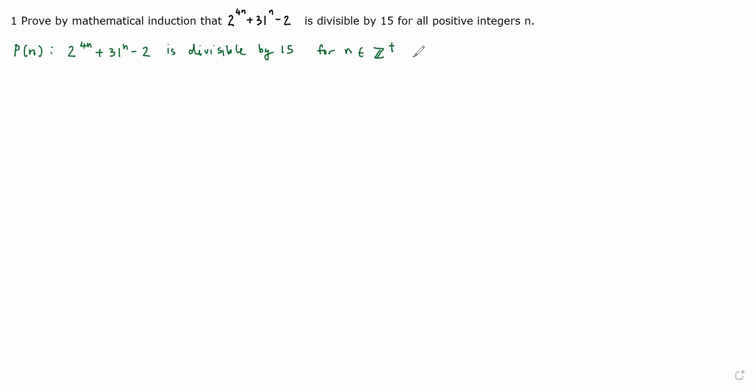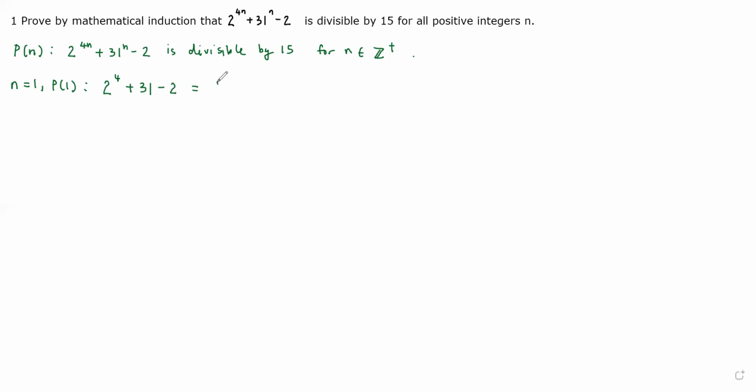Check that the first case is true. The first case occurs when n is 1. We need to check that the proposition is true when n is 1. We replace n with 1 and we have 2 to the 4 plus 31 to the 1 minus 2.